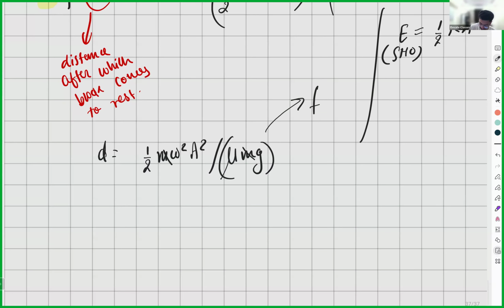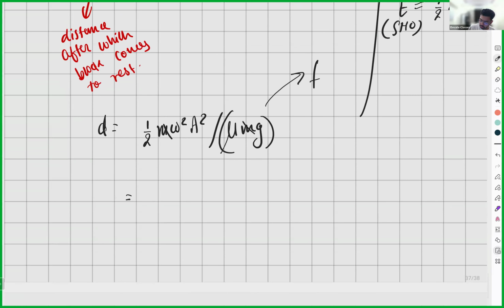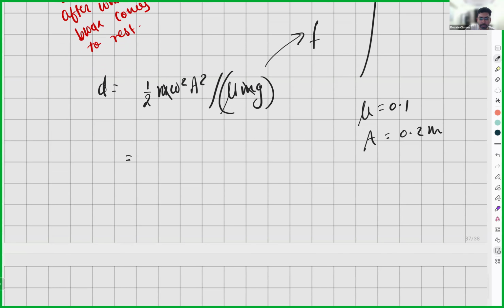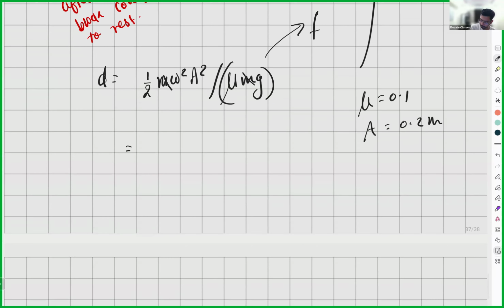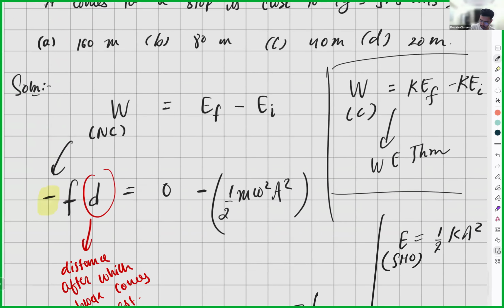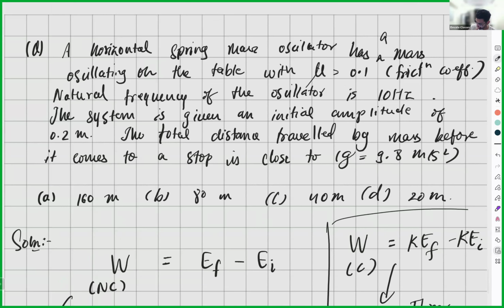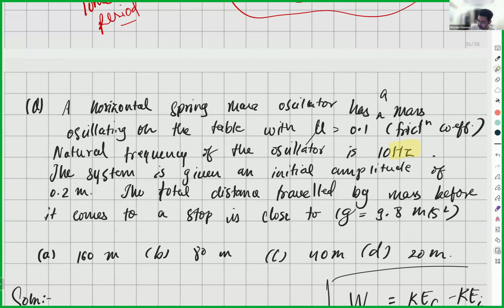m gets cancelled and then you can estimate the value. So mu is given as 0.1. Mass, I think, was not given. Amplitude is given to be 0.2 meters. This is also given, 10 hertz.